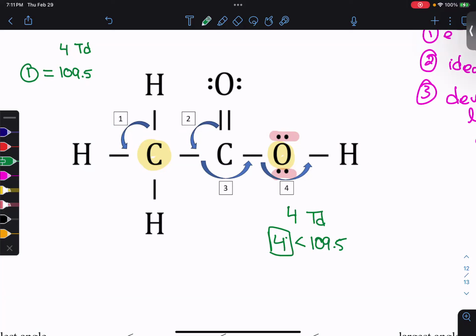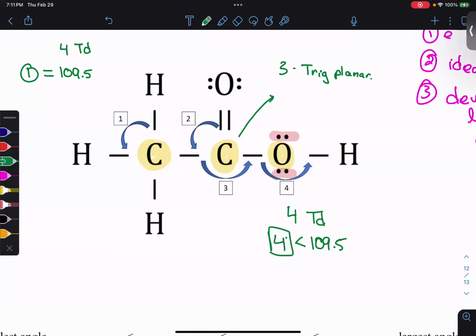Okay, let's do 3 and 2. So 3 and 2, interesting. They both actually share the same central atom. What is the electron domain on those bonds? 3. 3 is equal to what shape? Trigonal planar.